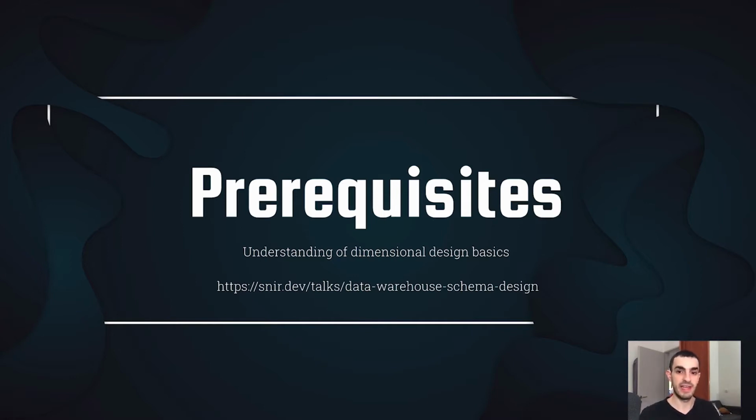If you feel you have a gap in these understandings, you can go to the link here that will also be in the description of the video, where there is an introductory talk that I gave about how you do data warehouse schema design and how you design a dimension, a fact, all the types of facts, all the types of dimensions. So it's all there. But here I will go deep only on slowly changing dimensions, which is a very specific type of dimensions.